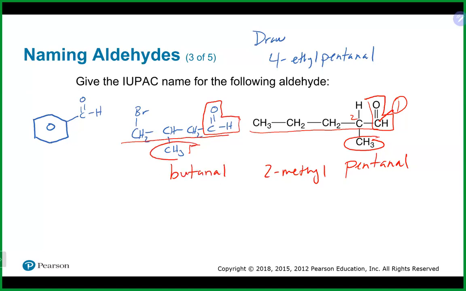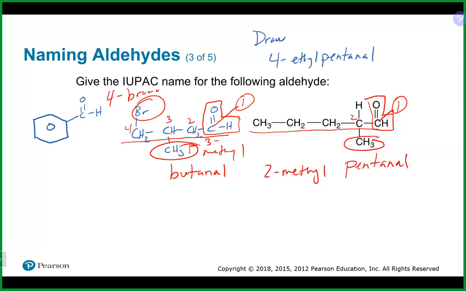We have a methyl group here, and we have a bromo group here. Because this is the functional group, that's got to be carbon number 1, so that's going to give me a 2, 3, and 4. So that's going to be a 4-bromo and a 3-methyl.